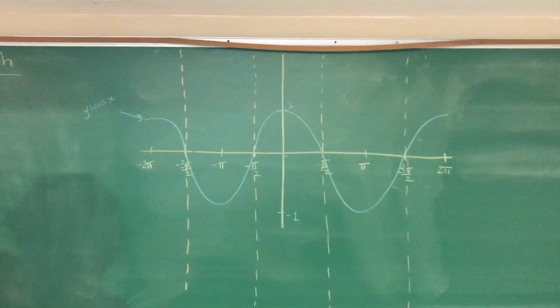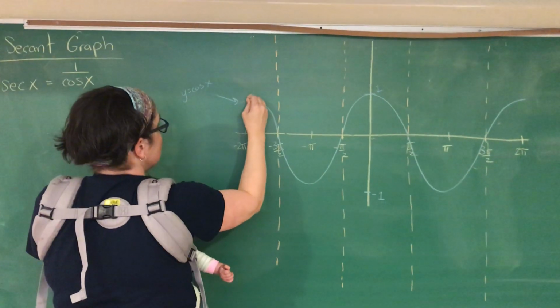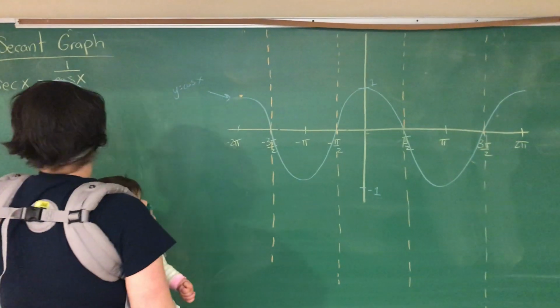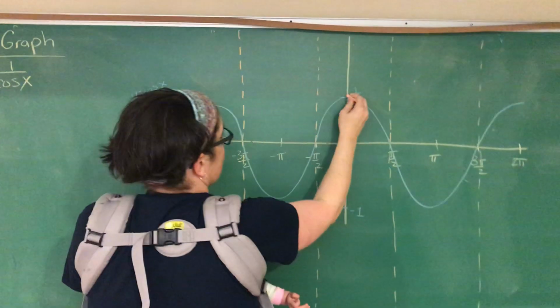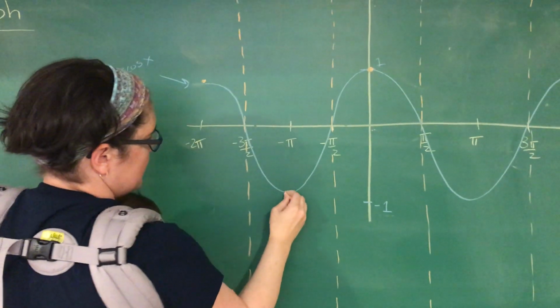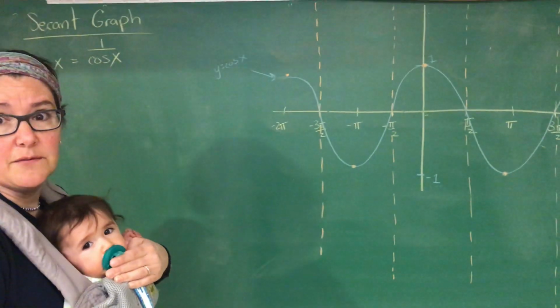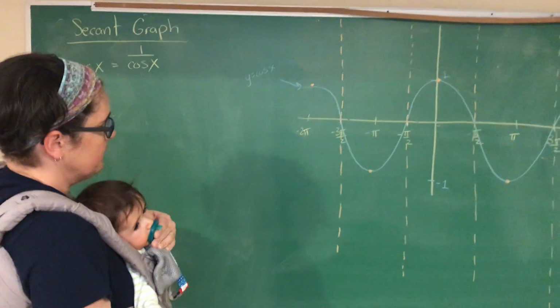Places where cosine has a height of 1, the reciprocal, the secant of x, will also have a height of 1. Places where cosine has a height of negative 1, the reciprocal, secant, will also have a height of negative 1. Okay?